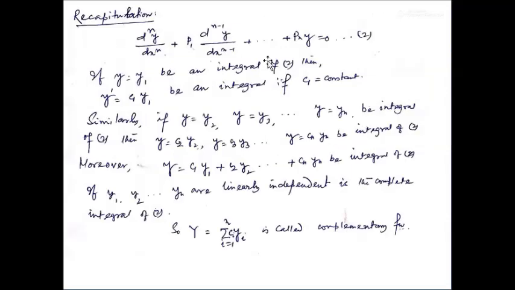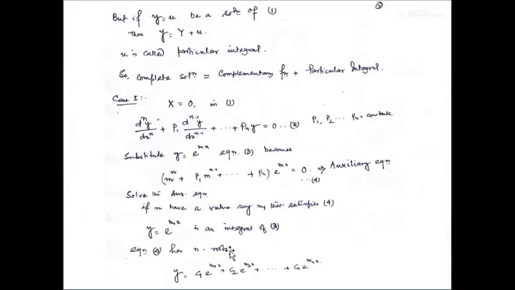Now recapitulate the topic of the previous part. This equation has n number of solutions, and any linear combination of these solutions must be another solution. So the sum of ci yi, that is n number of solutions, must be a complementary function, as I have said earlier.